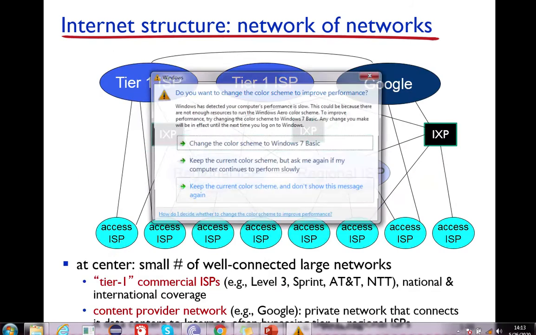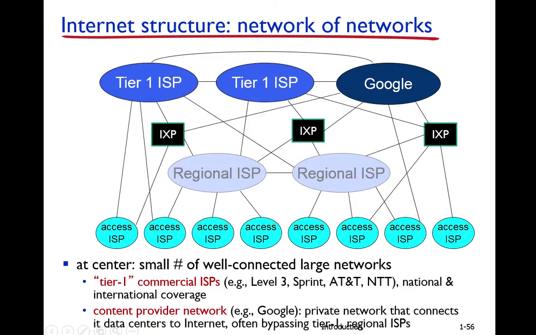Okay, so actually the users are connected to the internet through access ISPs. Then these access ISPs are interconnected with each other through regional ISPs, and these regional ISPs are now interconnected through tier 1 ISPs or through an internet exchange point, and so on. Okay, so we can see that this is one network, this is another network, and so on. For example, this is the Comsats access ISP, so it is in the control of the Comsats network.